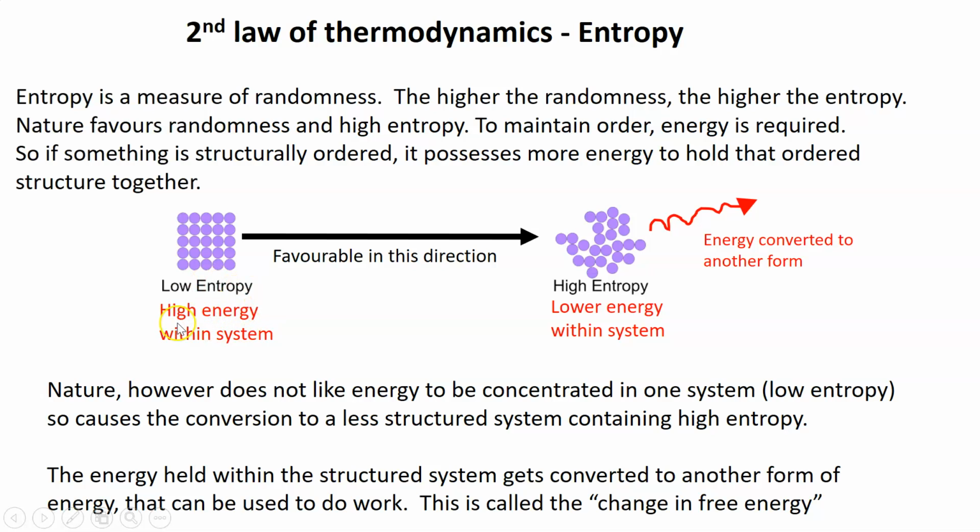Low entropy means it has lots of energy within the system, whereas high entropy means it has low energy within the system. So in order to maintain this structure, energy is required. In order to hold things together, if something is structurally ordered, we need energy in it.